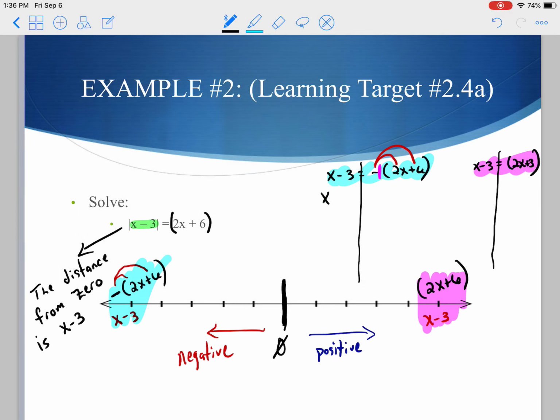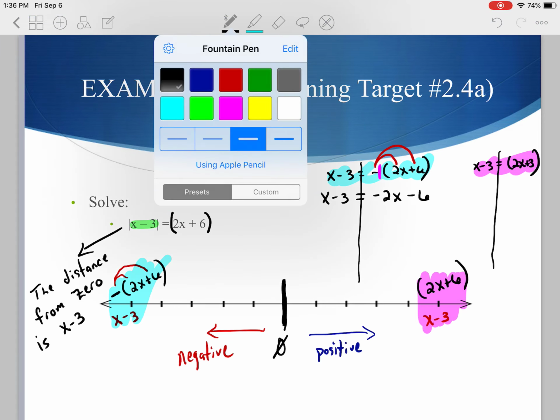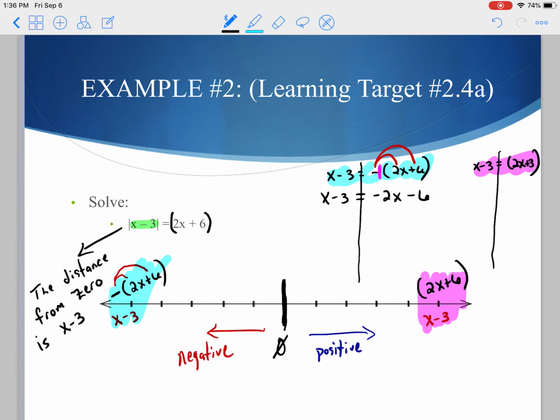And so the left side of the equation does not change. And when I distribute the negative 1, I end up changing each of the signs inside the parentheses, removing those parentheses, and at this point I can simply finish solving for x.